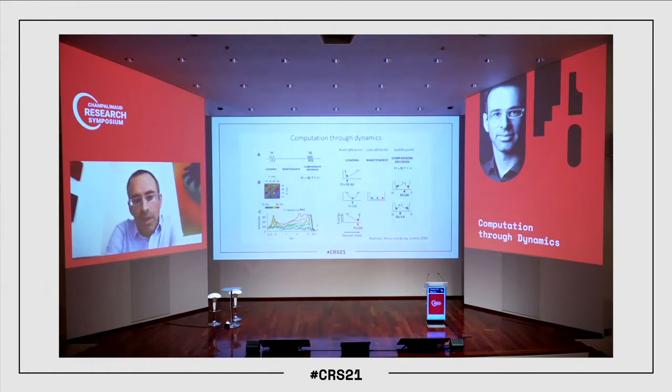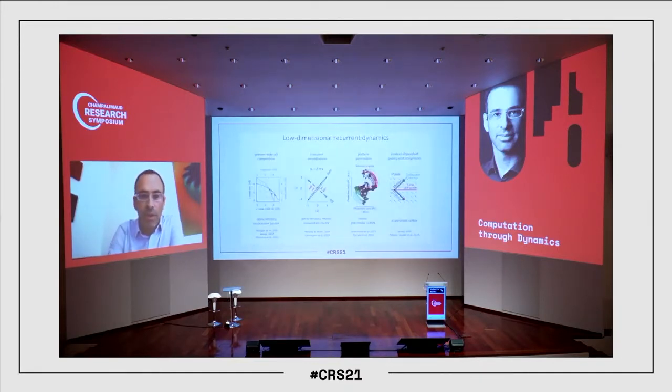Then this state is maintained throughout the delay period by implementing line attractor dynamics, so a flat energy landscape. And then the decision is implemented by creating a saddle point, so a hill in the energy landscape so that the state falls to one side or the other corresponding to the two choices. And so that's a very elegant, simple explanation of how this task can be solved.